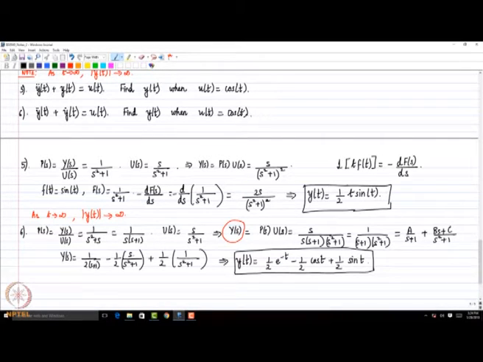Take the LCM, you are going to get s plus 1 whole square.